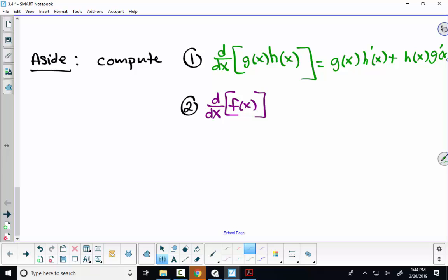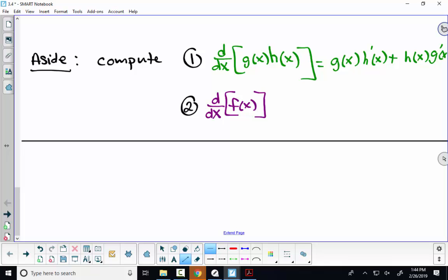And then off to the side, we would have to compute h prime and g prime. So they can get really, really involved really quickly. Perhaps we can build up to a function like that, but we're going to look at simpler ones to begin with.